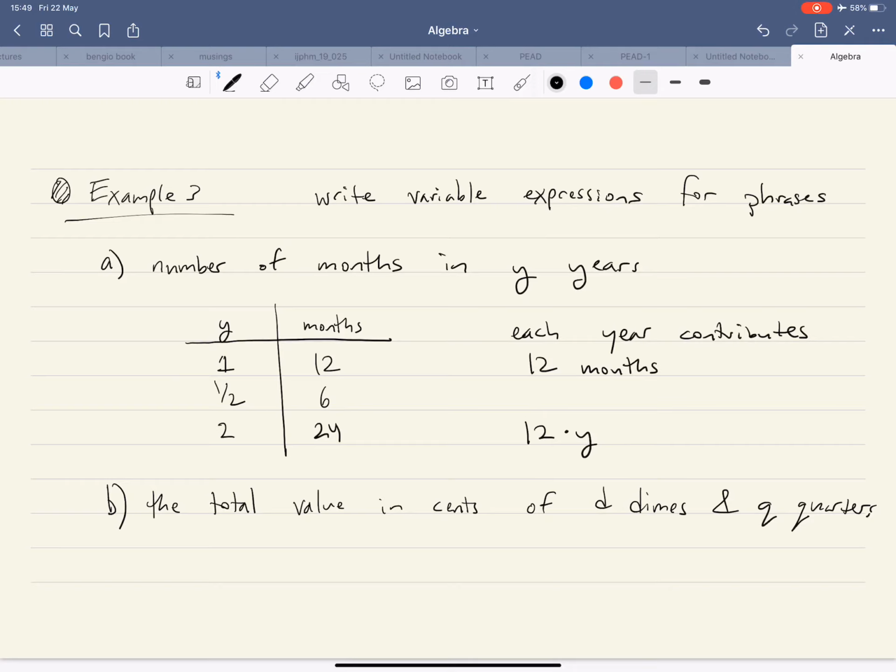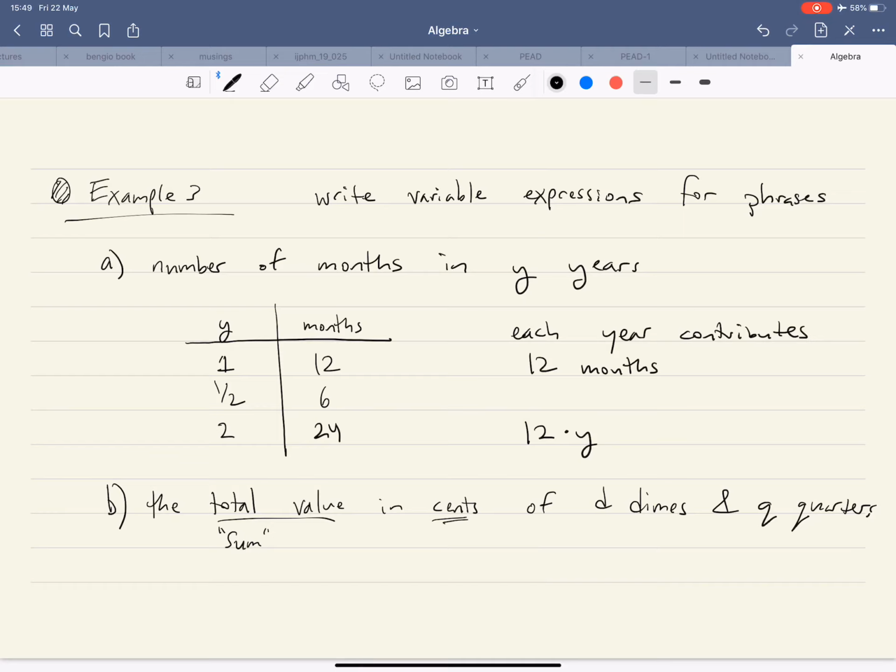So we're looking for total value. That tells me that we want the sum, right? Total value is another language for sum. Okay, and I want it in terms of cents, and I've got D dimes.